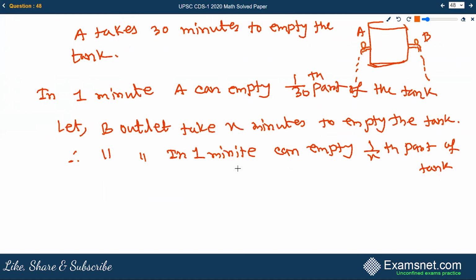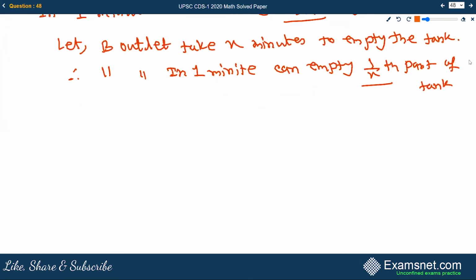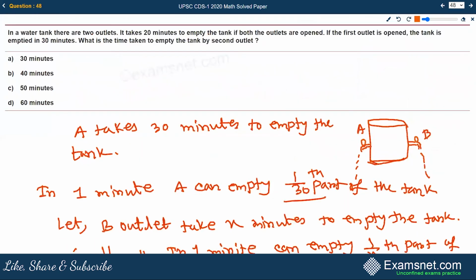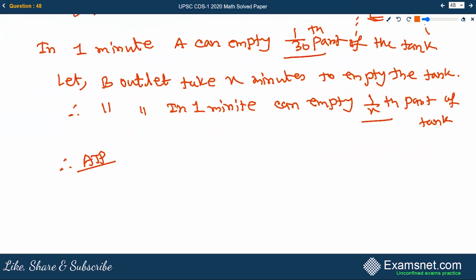So we have got the value in 1 minute. If both the outlets are open, then in 1 minute, how much part A can empty and how much part B can empty. It is given that if both outlets are open, it takes only 20 minutes to empty the tank. Therefore, according to the problem, if in 20 minutes they can empty the tank, then in 1 minute they can empty 1/20th part.